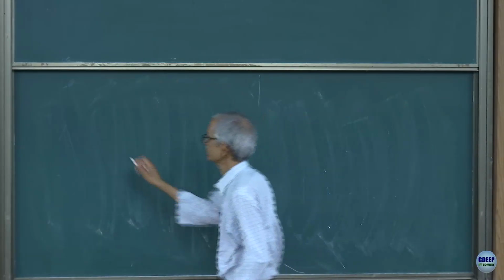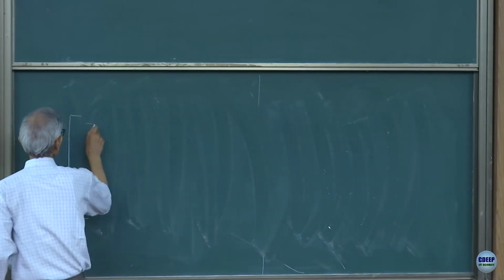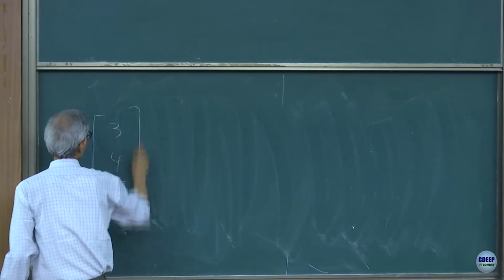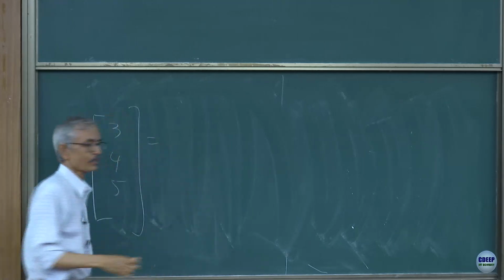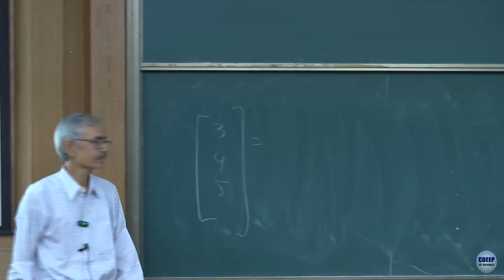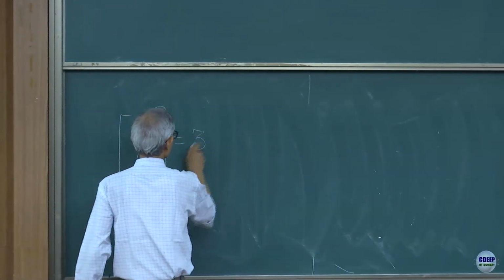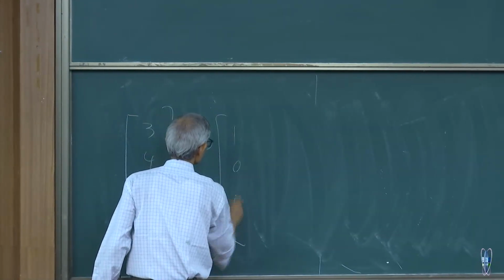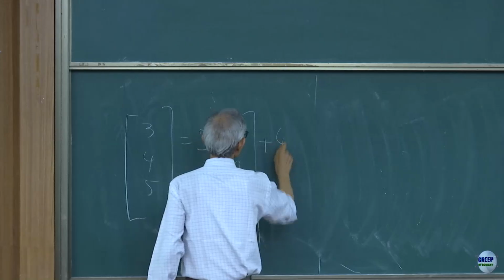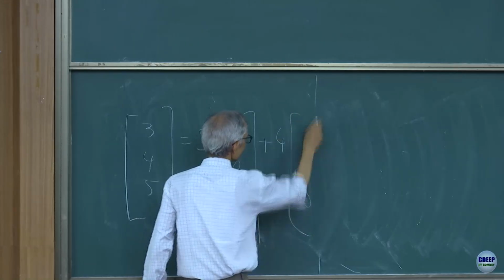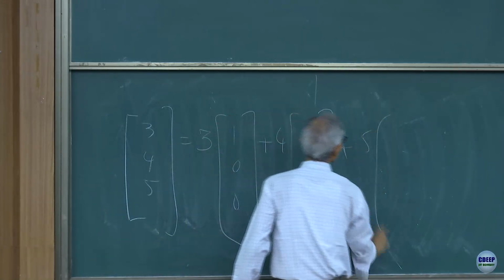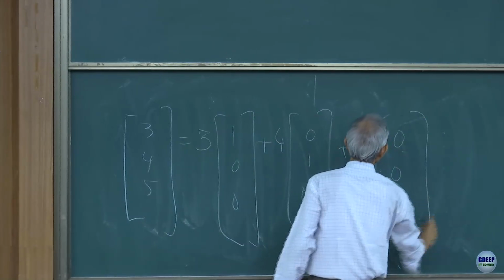Just some random vector that has been chosen. This is 3, 4, 5. Okay. This now we are going to write it as 3 times 1, 0, 0 plus 4 times 0, 1, 0 plus 5 times 0, 0, 1.